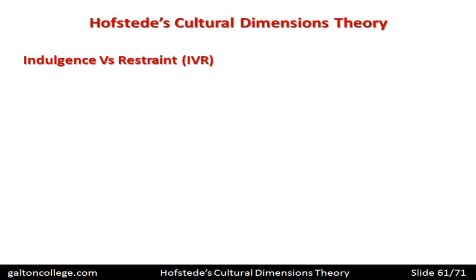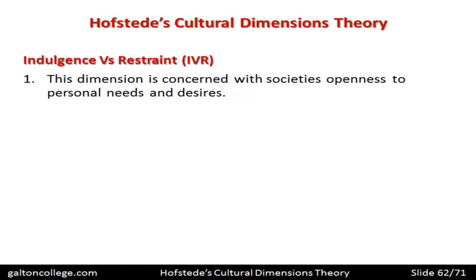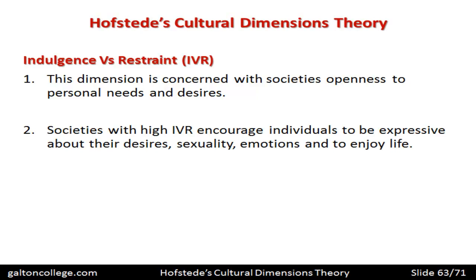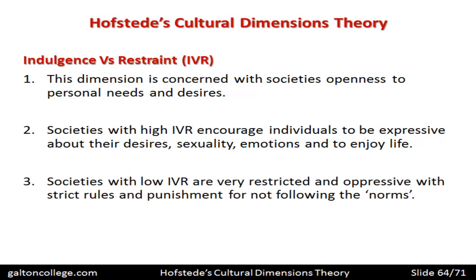Now, indulgence versus restraint. Well, this dimension is concerned with society's openness to personal needs and desires. Societies with a high indulgence versus restraint index encourage individuals to be expressive about their desires, sexuality, emotions, and to enjoy life. So this would be much more indulgent, the higher index.